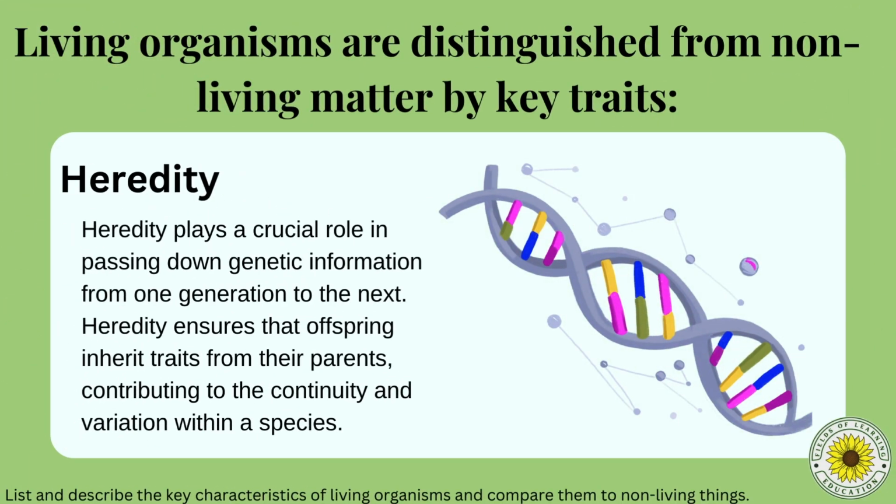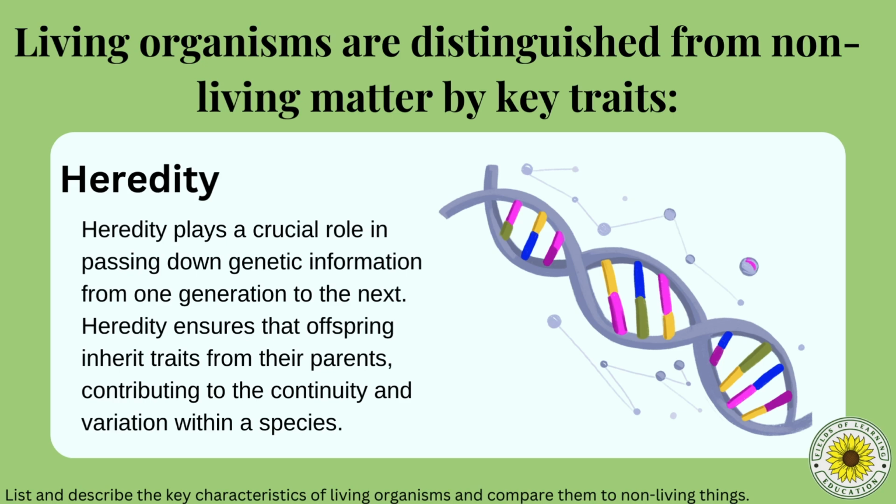Heredity. This plays a crucial role in passing down genetic information from one generation to the next. Heredity ensures that offspring inherit traits from their parents. It contributes to the continuity and variation within a species.